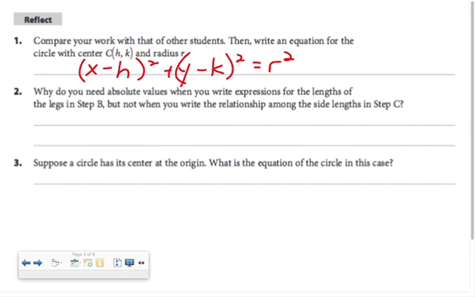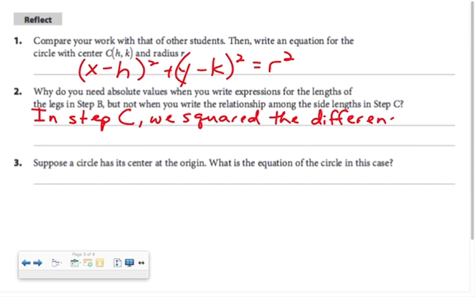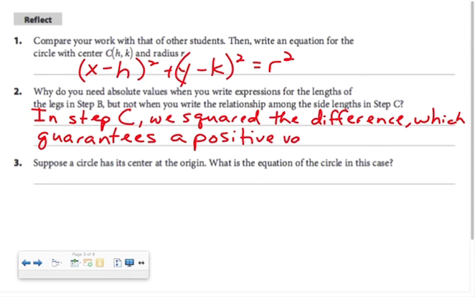In step C, we squared the difference, which guarantees a positive value, like absolute value in step B does.